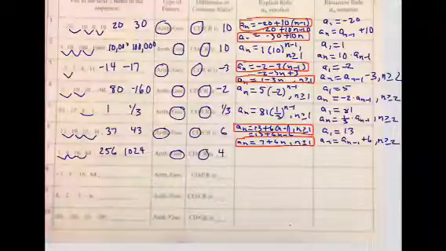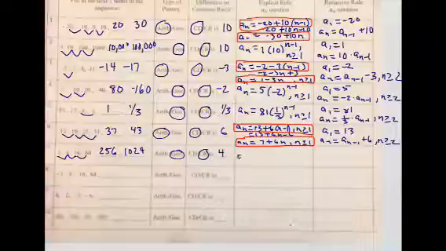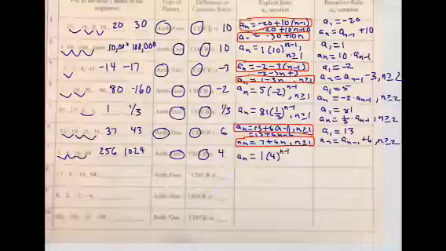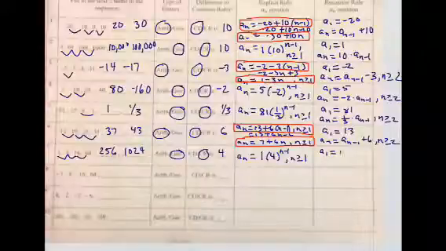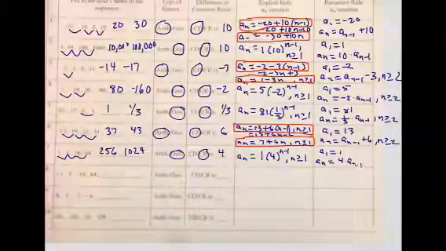So the explicit formula is a sub n equals the first number times the ratio to the n minus 1 for all n greater than or equal to 1. The recursive is a sub 1 equals 1, and then a sub n equals the ratio, which is 4, times the previous number for all n greater than or equal to 2.